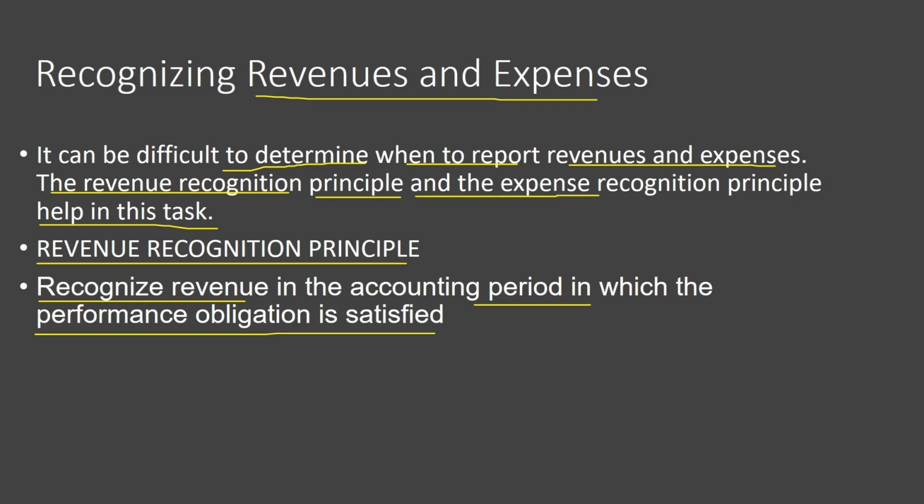It means when a company agrees to perform a service or sell a product to a customer, it has performed its obligation. When the company meets this performance obligation, it recognizes the revenue. Therefore, it requires that companies recognize revenues in the accounting period in which the performance obligation is satisfied.